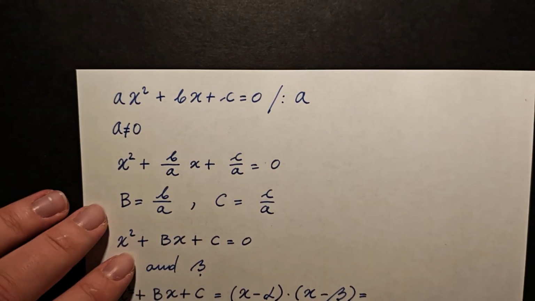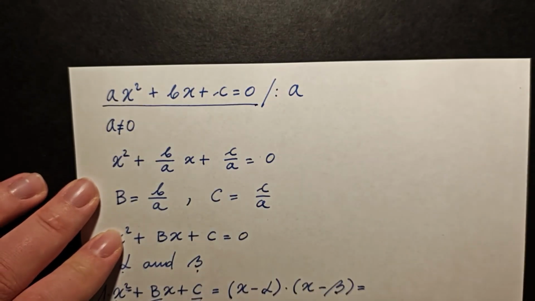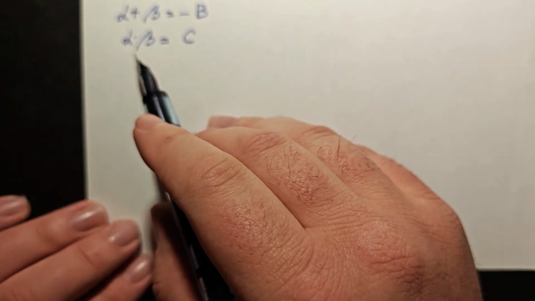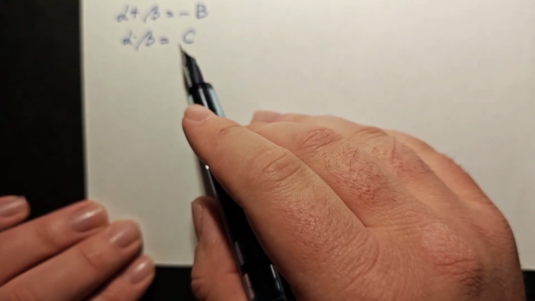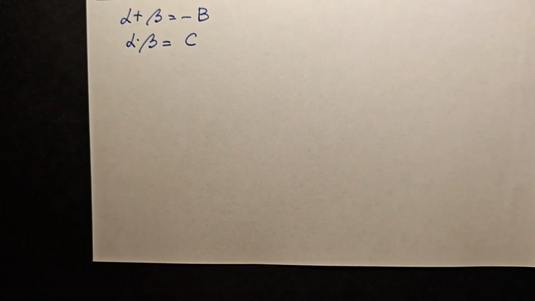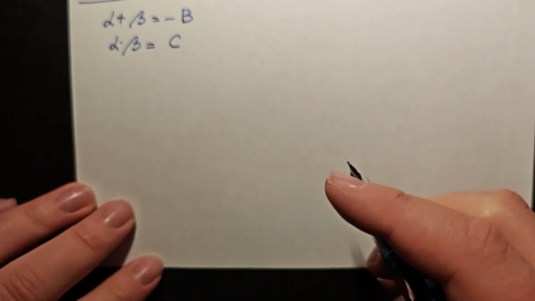Now, as you can see here, we have taken a problem of solving a quadratic equation, and we have turned that problem into a problem of solving a system of equations from the same type as the problem from the start of this video. Again, we are going to represent this system graphically.